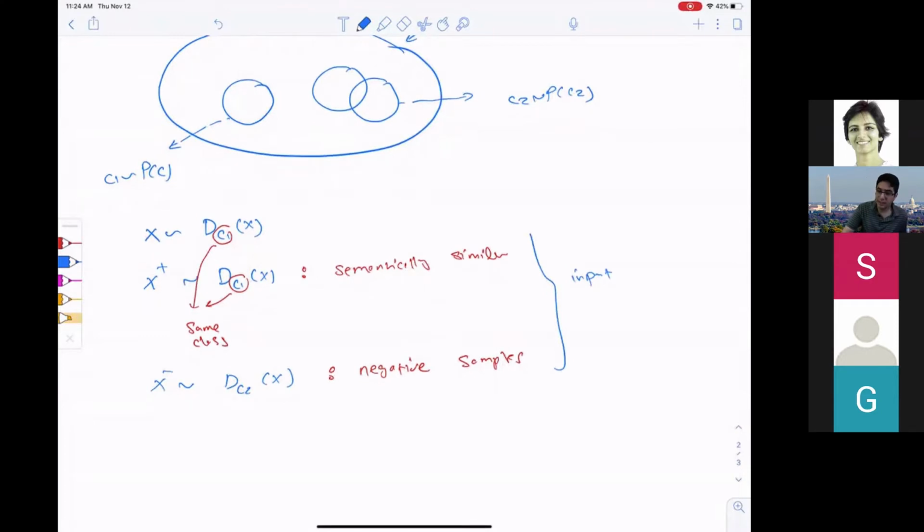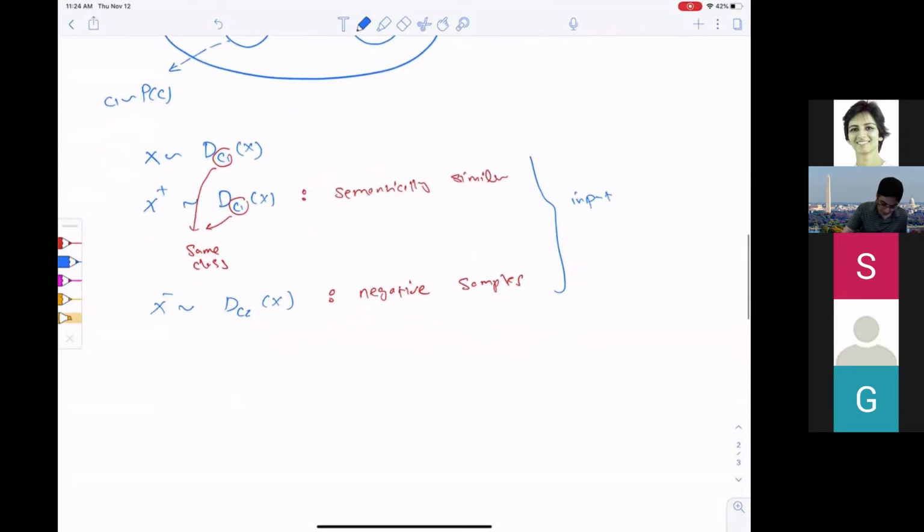Okay, that's the key assumption about the underlying similar and dissimilar pairs that we have. And for the downstream task, they're looking at pairwise classification.